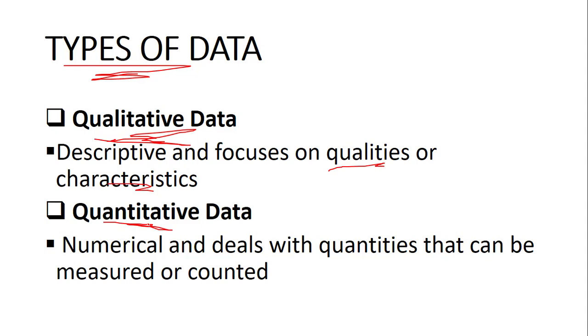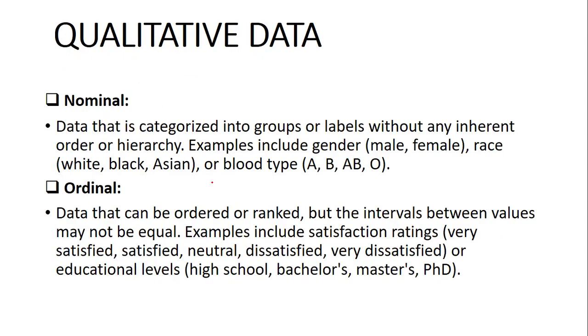But on the other hand, we've got quantitative data, which is more numerical and deals more in numbers. So now, we're going to look at the types of qualitative data that we have. Data is classified into qualitative and quantitative, and then qualitative data is classified into two, and quantitative data is also classified into two.